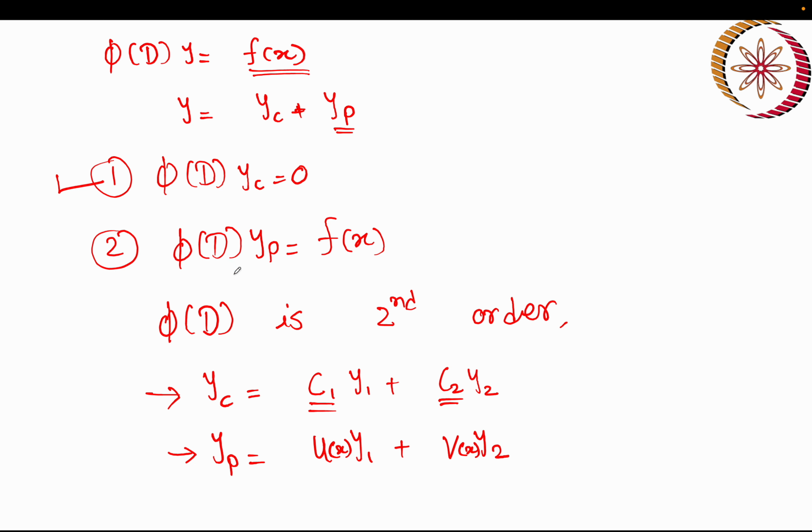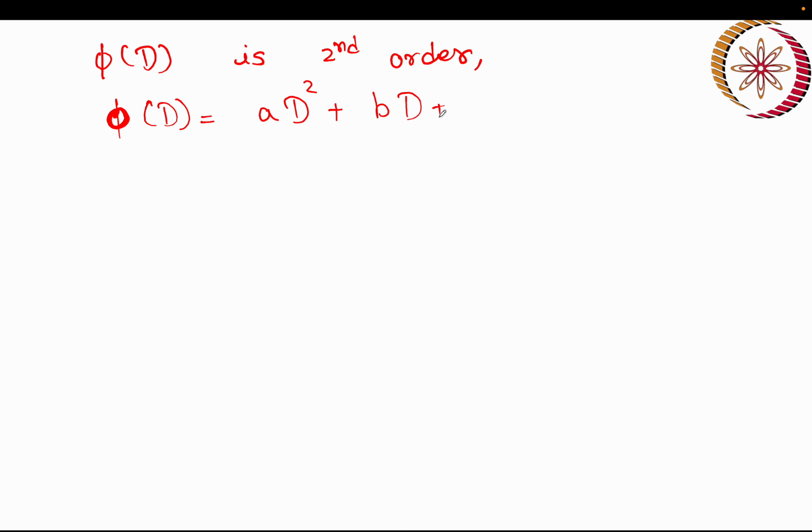Okay, so what we have started with is phi of D, which is second order. Let's say phi of D is a D square plus b D plus c. This is the form we are looking to solve, and the right hand side can be any function.